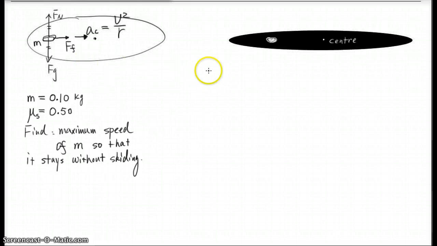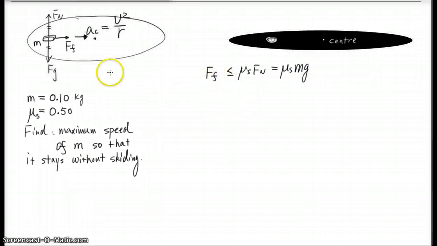So that means there is a maximum speed. Okay, so look at this Ff. We know the Ff must be less than or equal to mu s times the Fn. In this case, the Fn equals mg, so it equals mu s times mg. And whenever you rotate faster, that means the centripetal acceleration is bigger, so we need a greater Ff to provide this acceleration.